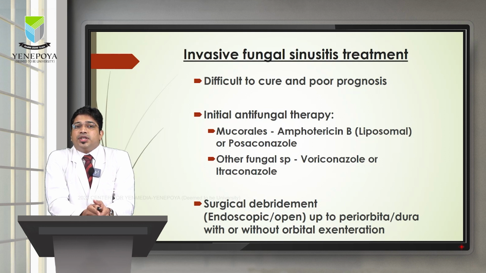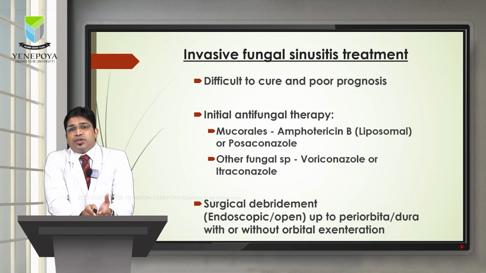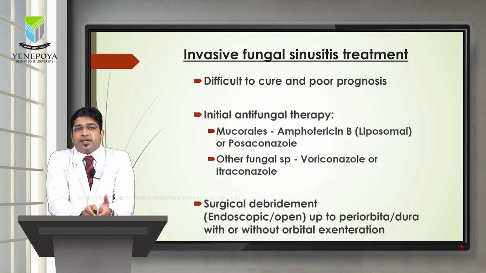The early biopsy which we would have finished would give us an idea whether the fungus is of the Mucorales group or belongs to other fungal species like Aspergillus or Alternaria, etc. If it belongs to the Mucorales group, which is also called mucormycosis or zygomycosis, the treatment of choice will be amphotericin B, especially the liposomal form, which is less nephrotoxic.